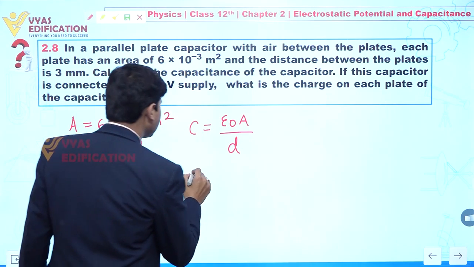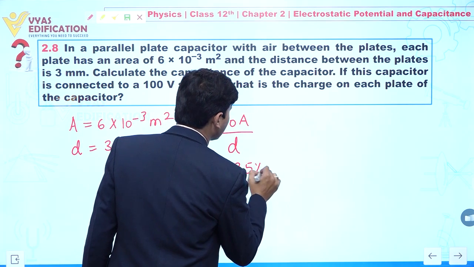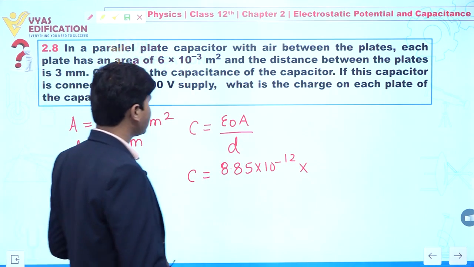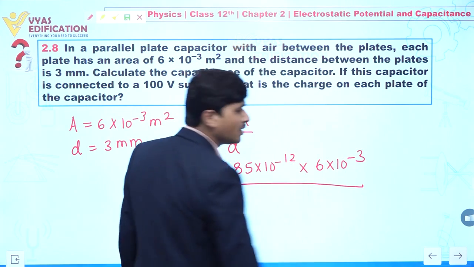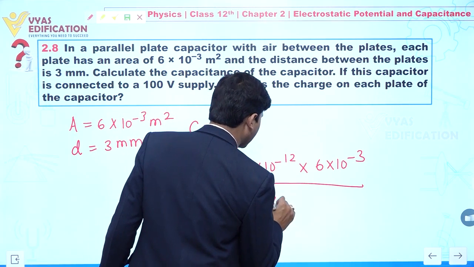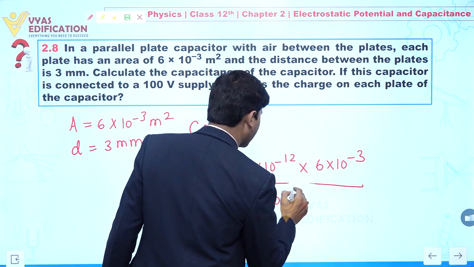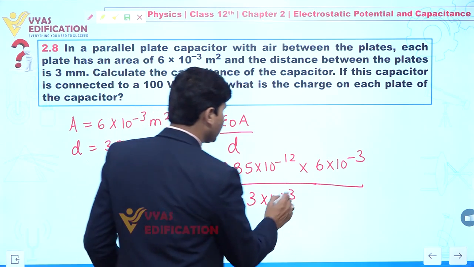So epsilon naught is 8.85 into 10 to the power minus 12, the value of area is 6 into 10 to the power minus 3, and it is divided by the distance between the parallel plates, 3 mm, so 3 into 10 to the power minus 3. Now we can see this one and this one cancel out.